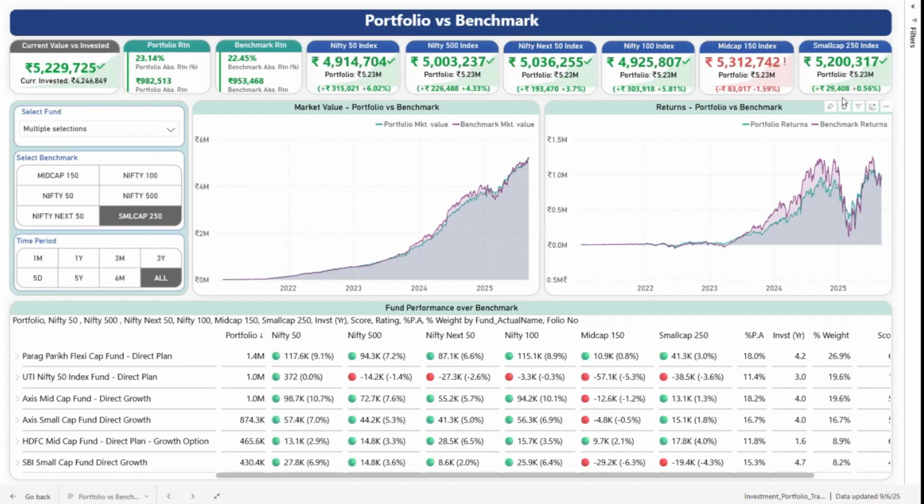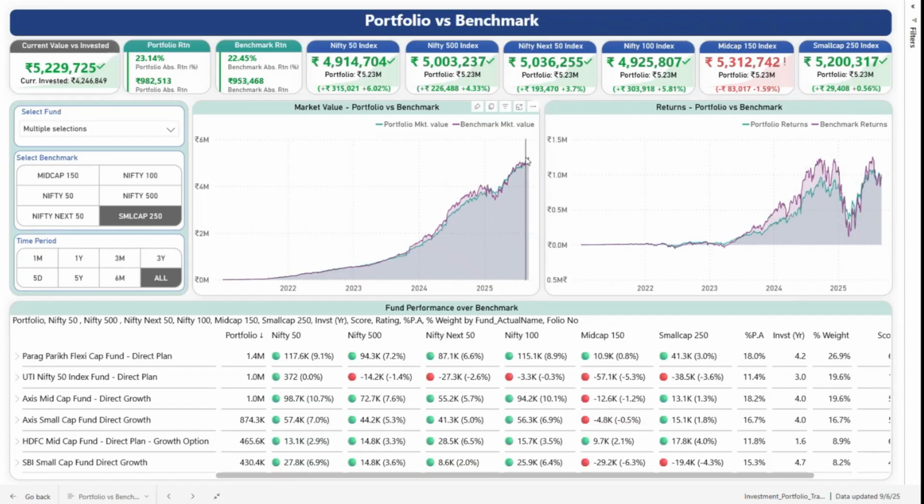So what it is trying to say is, even though I'm not able to beat it in the earlier times, my overall portfolio is less volatile than Nifty midcap 150 or Nifty small cap 250. Okay, so that is what it is trying to tell you.